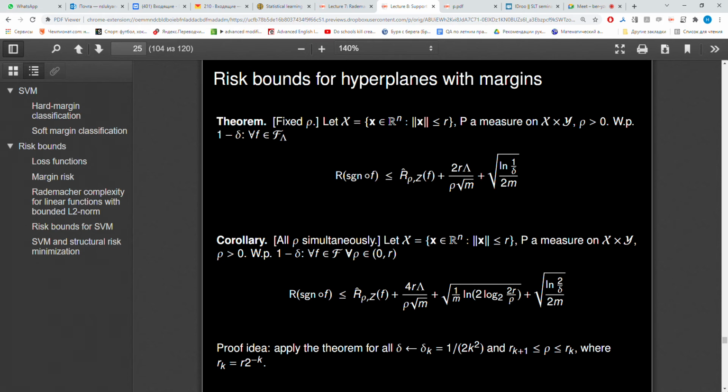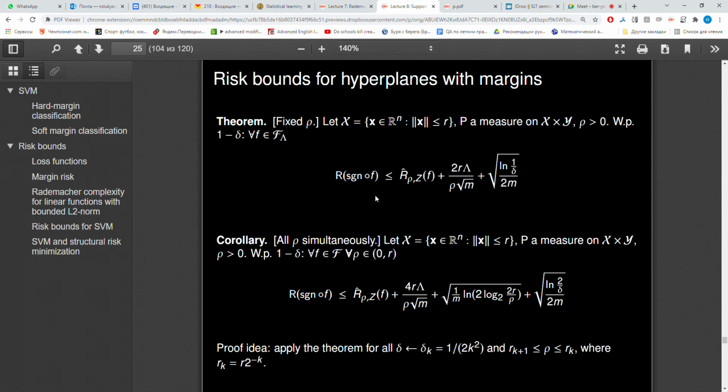We know that if we have x's from some sphere of radius r with the center at 0, in this case we can bound the risk of the sign of f with this one sum.